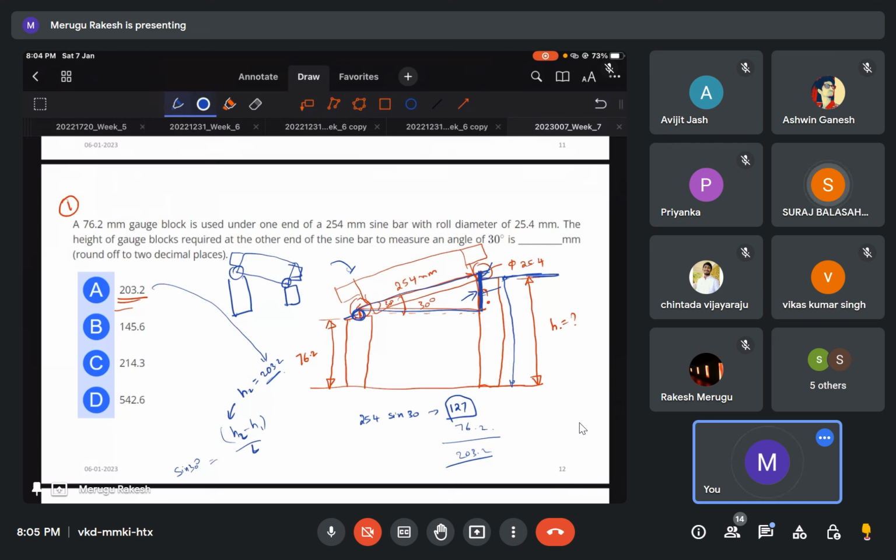But 254 sine 30 gives the value from the center of one roller to the center of the other roller. Yes, exactly. This side only. Correct. From that vertical height, we added 76.2. But the lower roller's radius is not there.